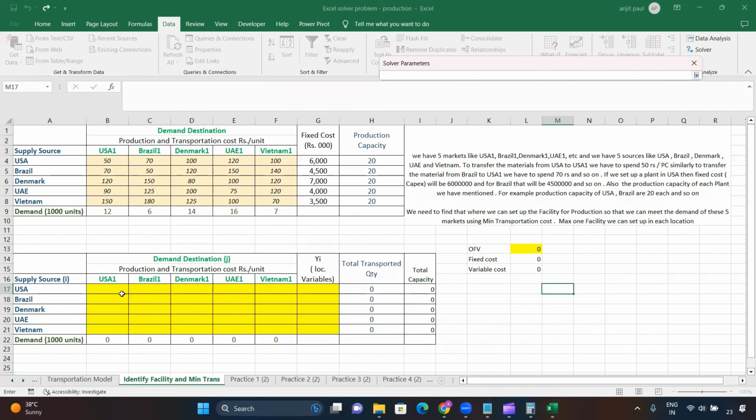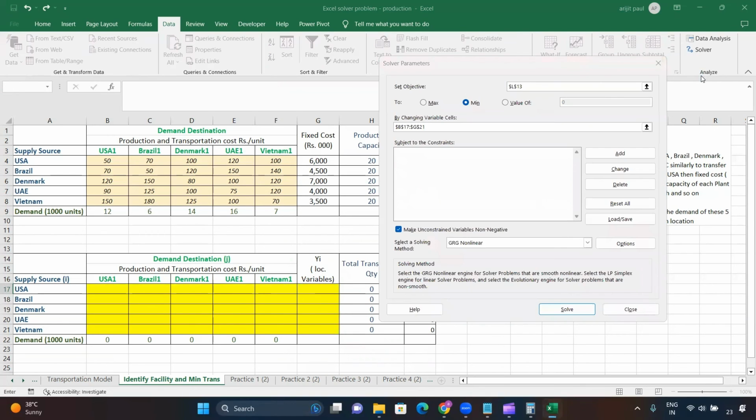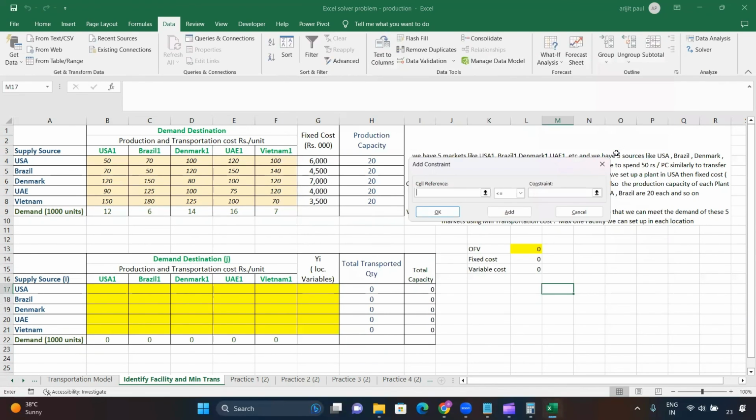What will be our variables? This will be our variables. All the quantity that we are going to transport and where we are going to set up our plant. So these things will be our decision variables. Okay, now constraints. What are the constraints?